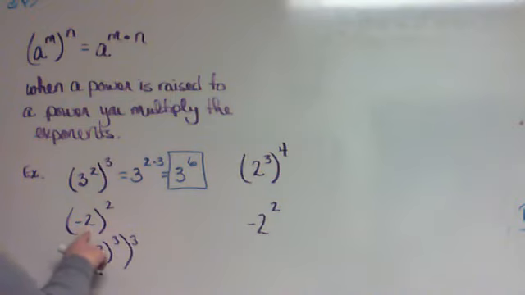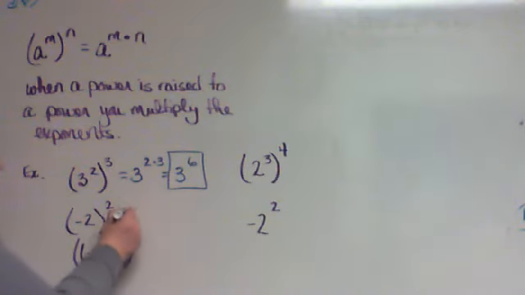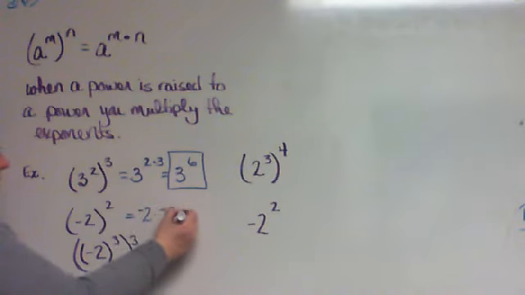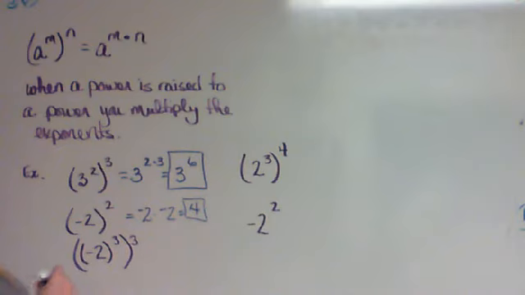Right here, negative 2 squared. Well, that means negative 2 times negative 2, which is a positive 4. So that's all good. It wasn't really a problem out of this, except that you could say that there was a 1 there, and 1 times 2 is 2, but that's neither here nor there.